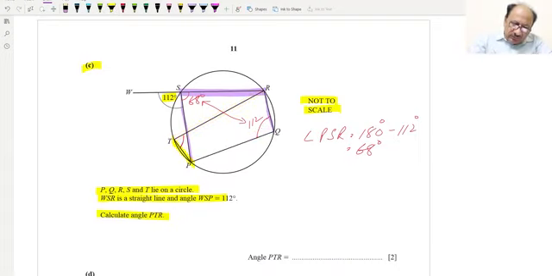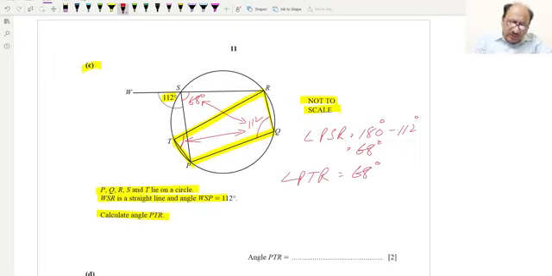I will erase the previous one first so that you can understand. Now we are considering this cyclic quadrilateral, and opposite angles add up to 180 degrees. So PTS or PTR, basically PTR, angle PTR will be equal to 68 degrees.